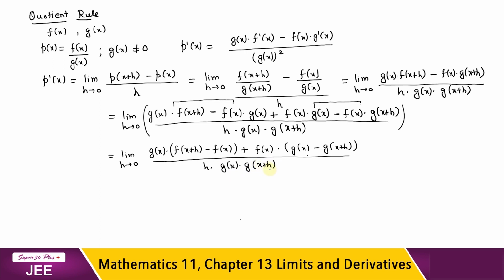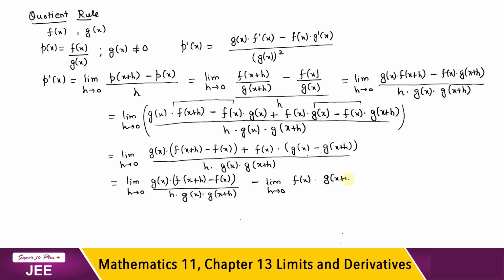Now we are going to separate the limits, so we can write limit h tending to 0, g of x multiplied by f of x plus h minus f of x whole divided by h into g of x into g of x plus h, minus limit h tends to 0, f of x into g of x plus h minus g of x whole divided by h into g of x into g of x plus h.